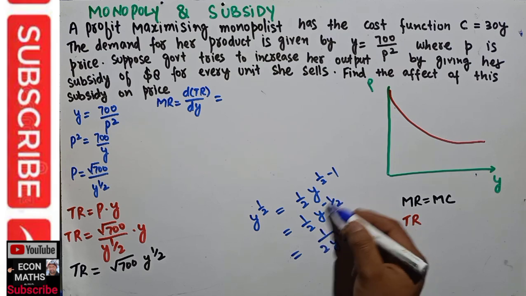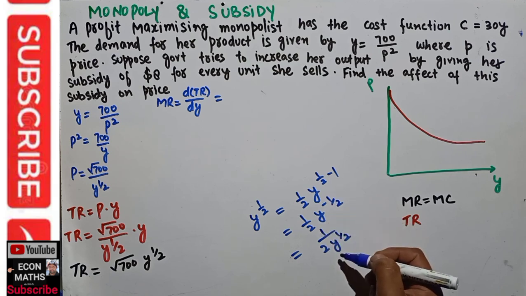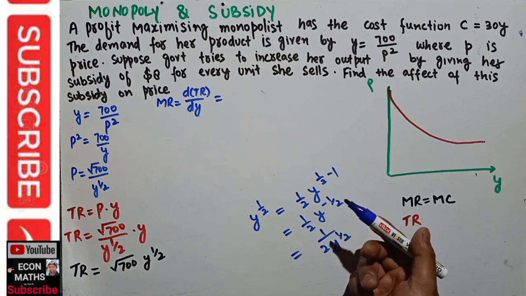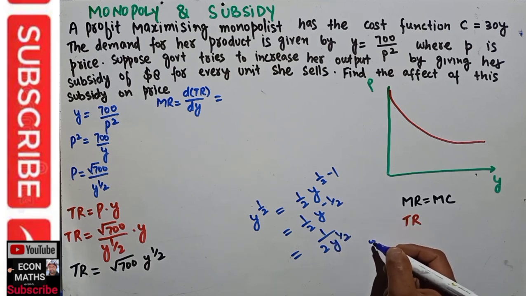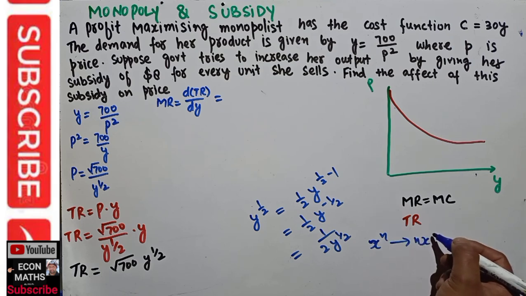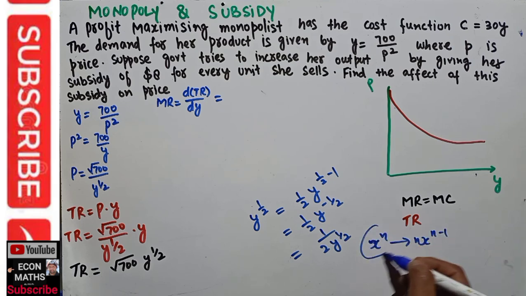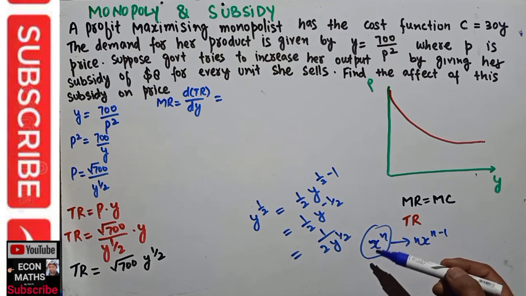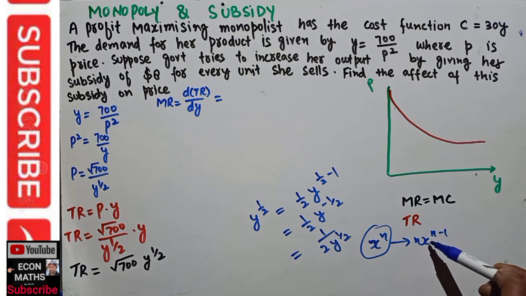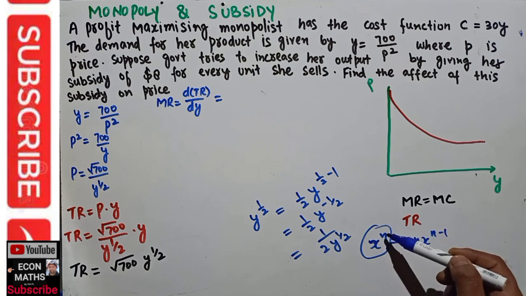If I transpose this term to denominator, the exponent sign will change. Okay, so we are simply using the power function rule, that is derivative of x raised power n is simply n times x raised power n minus 1.